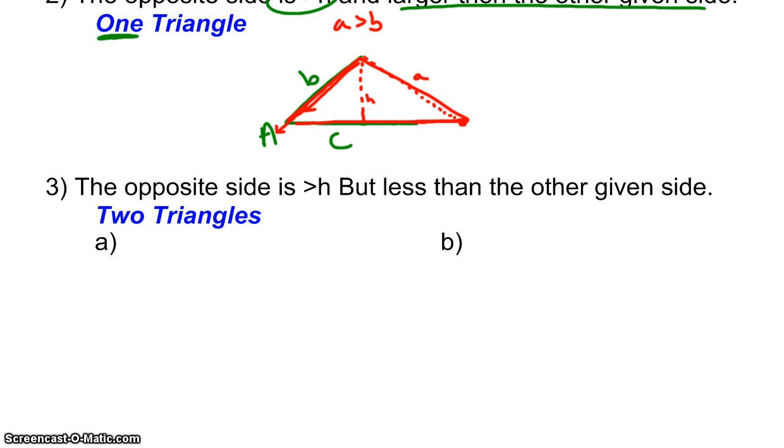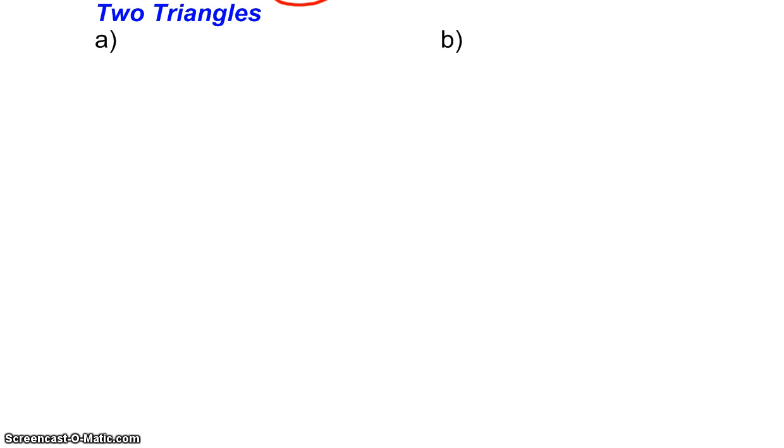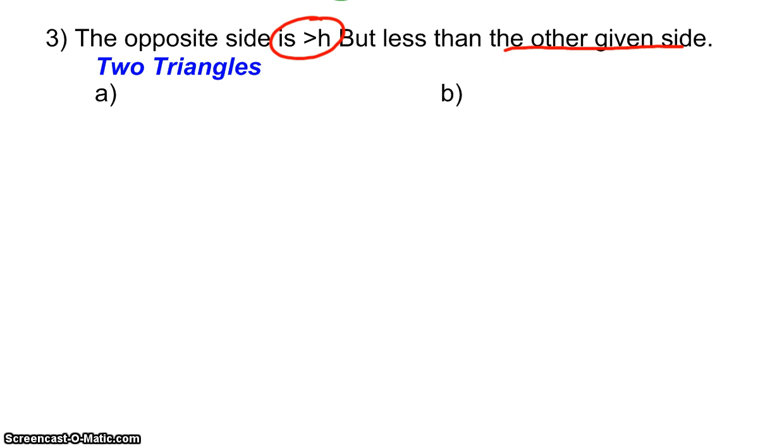Now the final case, and we're running out of time here, is when the opposite side is greater than h, but less than the other given side. Now what this pertains to, we'll have to show two cases. The first case, again, we'll have side C, and we'll have B extend from that vertex, and there is A, and there is my h.